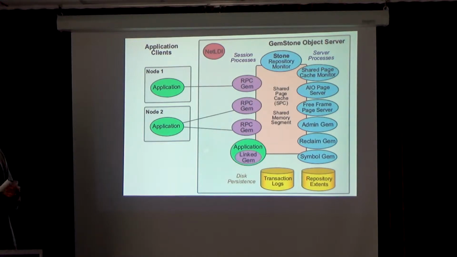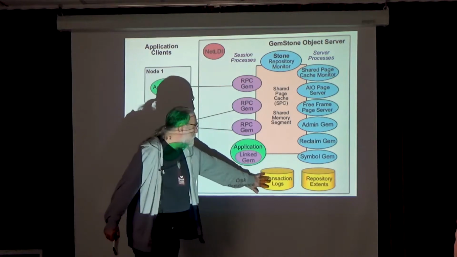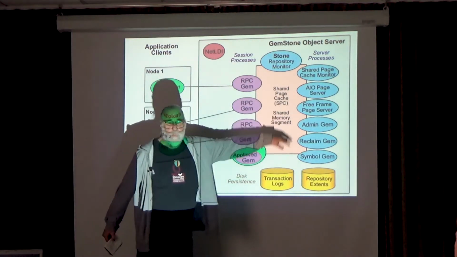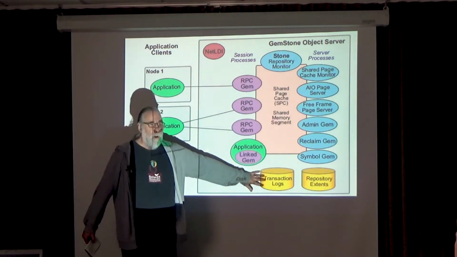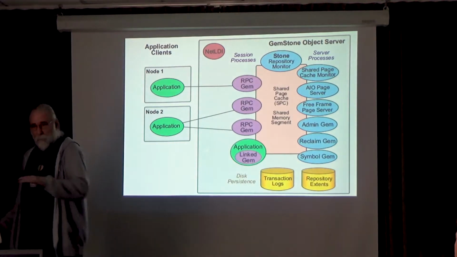So there is no image, there's no single process. In Gemstone, instead of saving an image or stopping an image and restarting, you do transactions. When you do a commit, all of the objects that you've changed are written to transaction logs and written to the shared page cache. When the writes to the tran logs are done, your commit's done, and then you can go on.